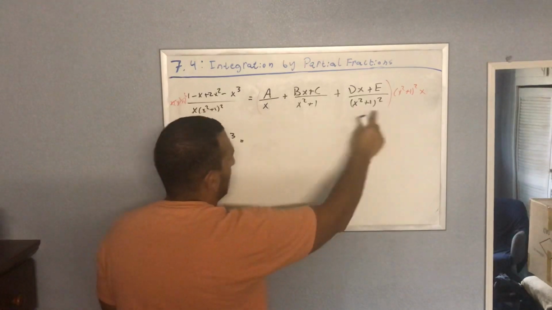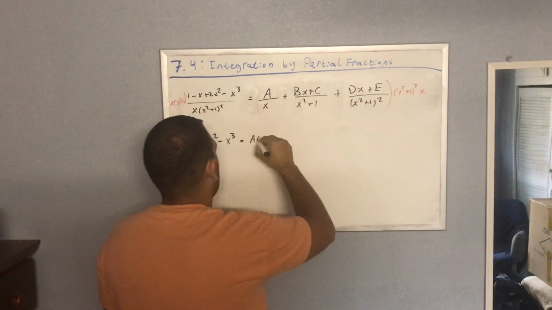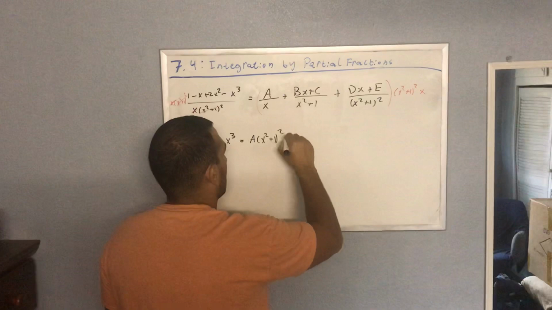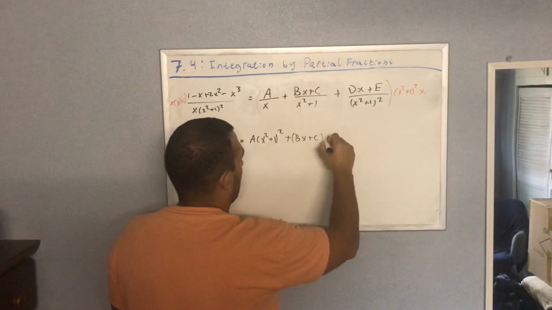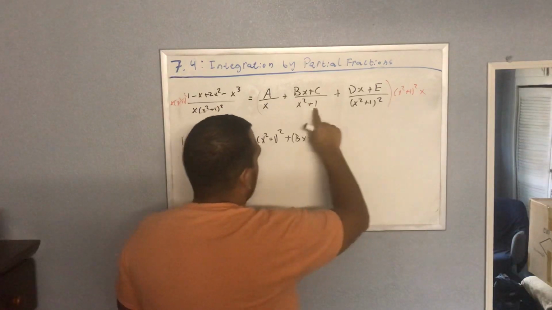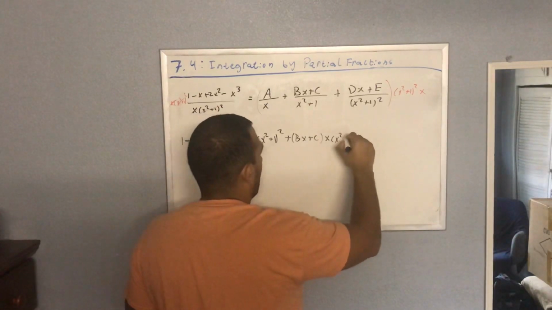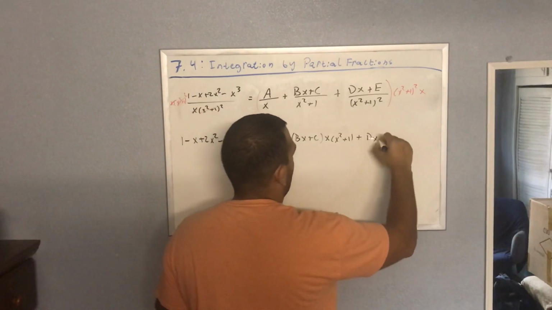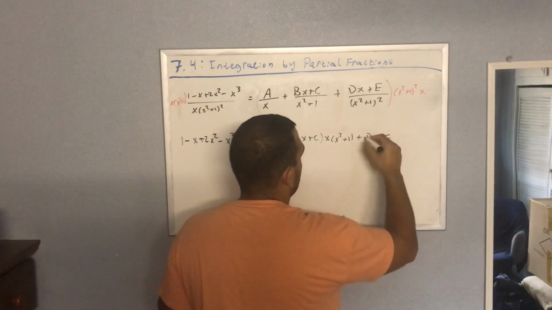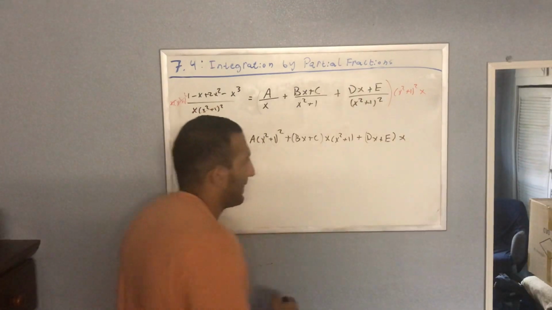So a times this will be, and then we'll have bx plus c times an x. So it'll pick up 1x and 1 power of x squared plus 1. And then in this case, we'll just pick up an x.